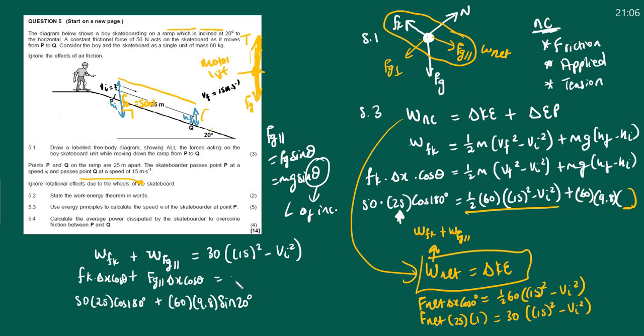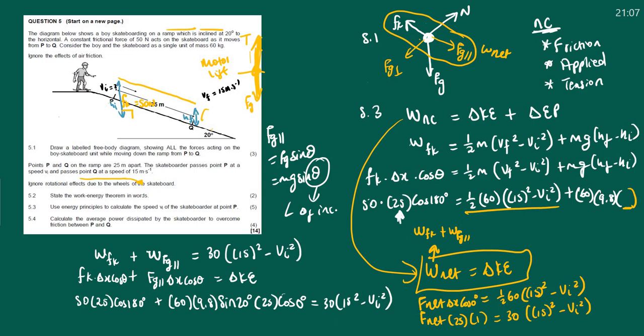Then this side is equal to the change in kinetic energy, which we had already calculated. So the change in x there is going to be 25. The angle there is going to be what? 0 degrees, because the object is going down and Fg parallel is also acting downwards. Then you can put this one this side, 30, 15 squared minus vi squared. In that way you'll be able to solve for the initial velocity. Then you would have solved the answer.